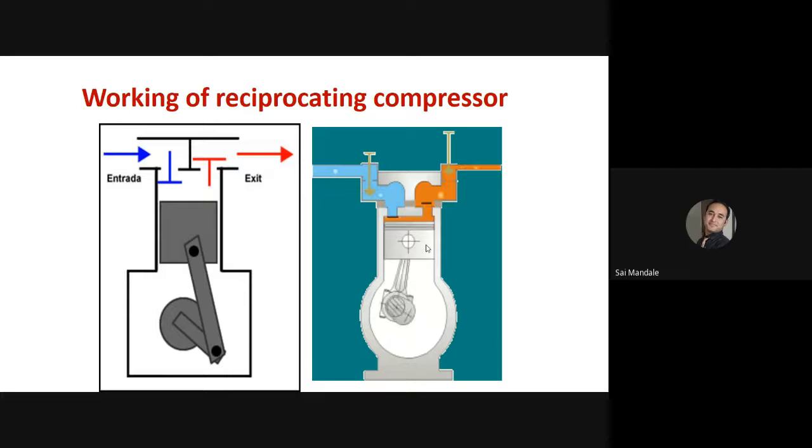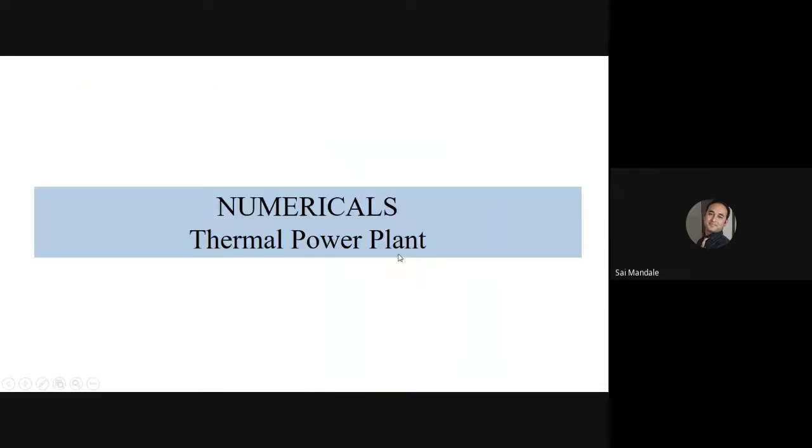Which valve is open when the piston moves from TDC to BDC? Inlet valve. Which valve is open when the piston moves from BDC to TDC? Exhaust valve. So these are the things you have to remember, and this is the very simple working of your reciprocating compressor. Now we have to move to the numericals.